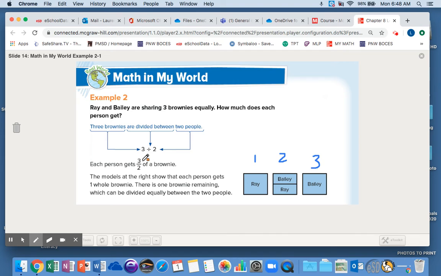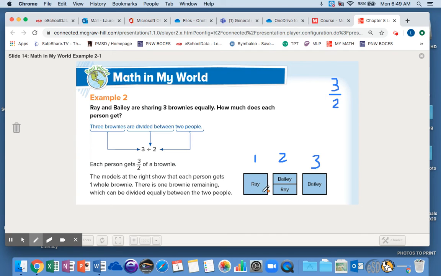It says you would get 3 out of 2 of a brownie. Well, this number 3/2, that's called an improper fraction because the top is bigger than the bottom. Okay? So we have to fix that. It looks funny. It sounds funny. We have to fix improper fractions, okay? So it says the model at the right shows that each person gets 1 whole brownie.